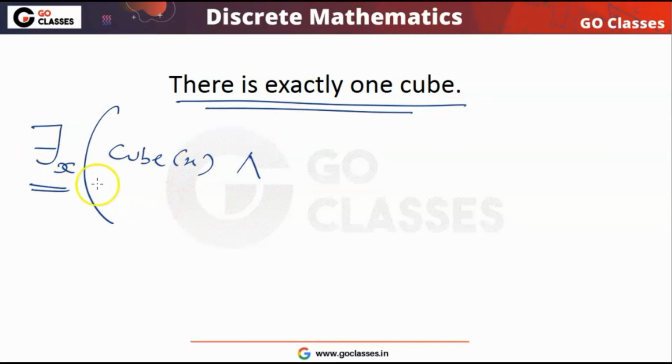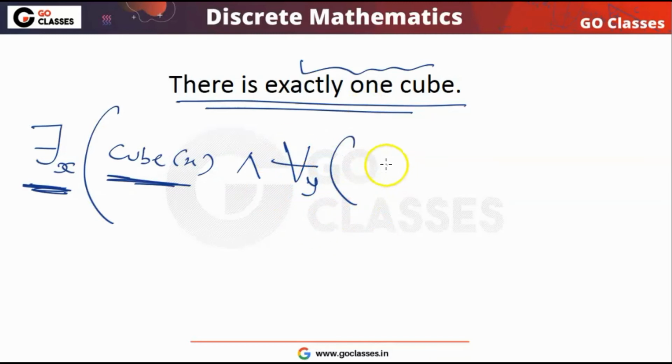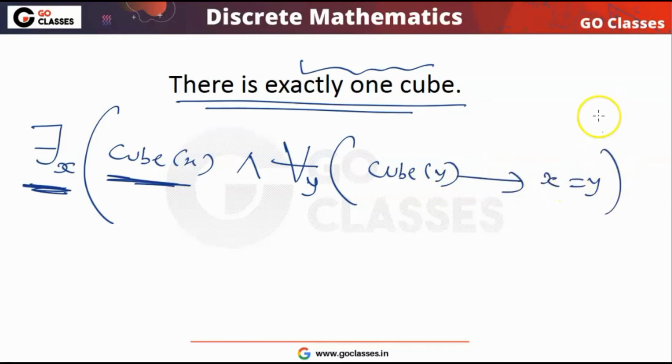So far it means at least one, and now not more than one, because exactly one means not more than one. So I can say, and for all y, that if y is a cube, then it must be the same as x.